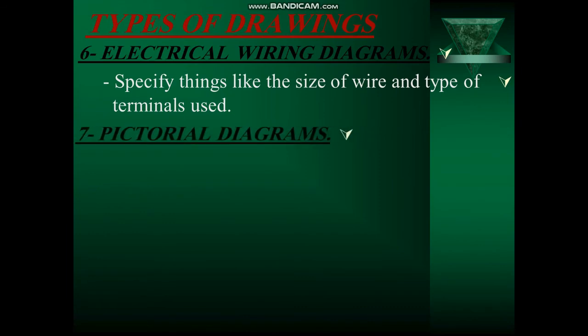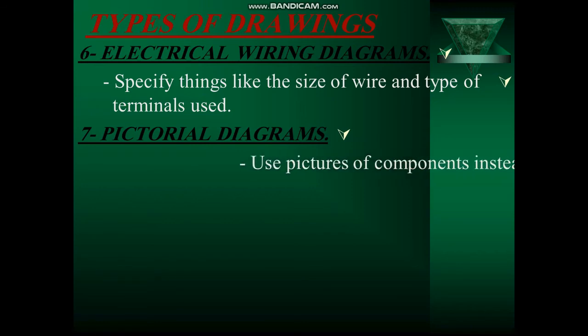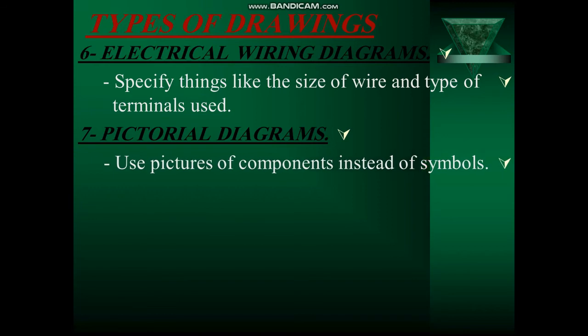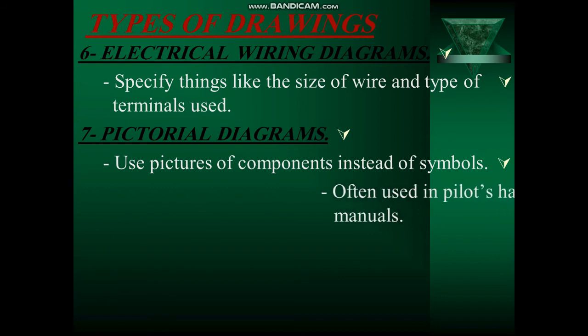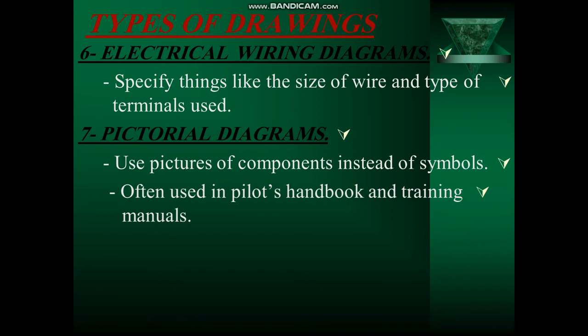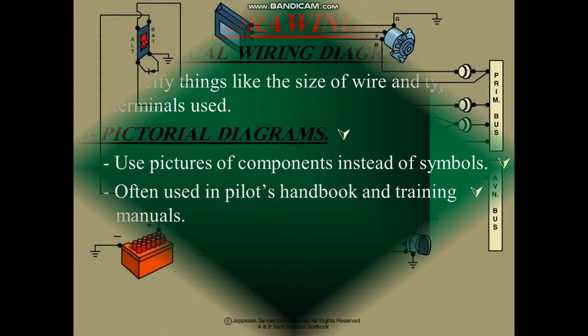Number 7, pictorial diagram. This type uses a picture of components instead of symbols. It is often used in pilot's handbooks and training manuals.